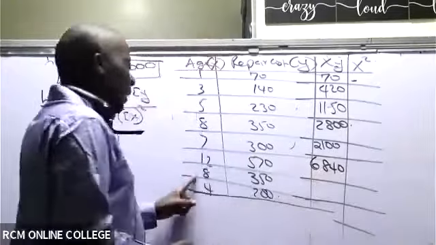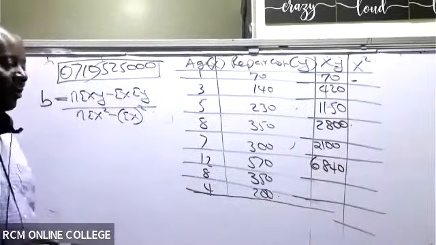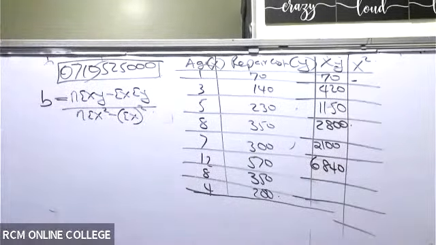Then we have 8 times 350. What do we have here? 8 times 350. Most gentlemen are not really giving me answers.